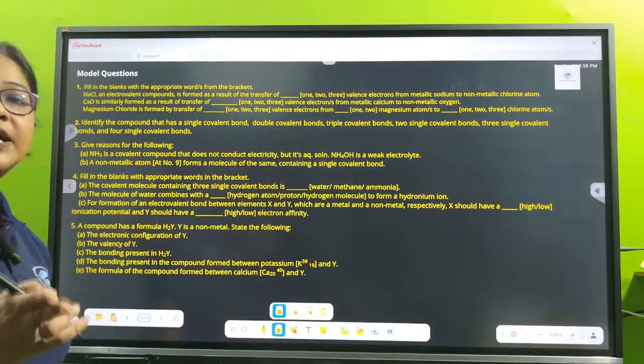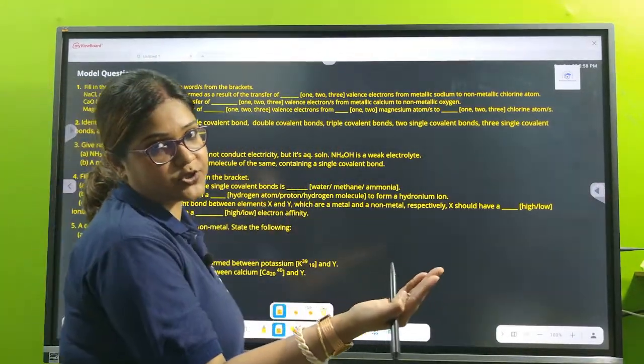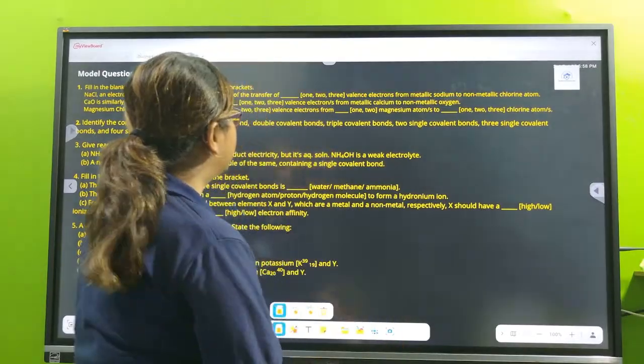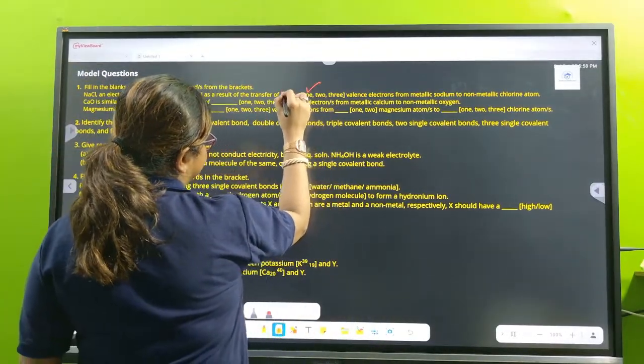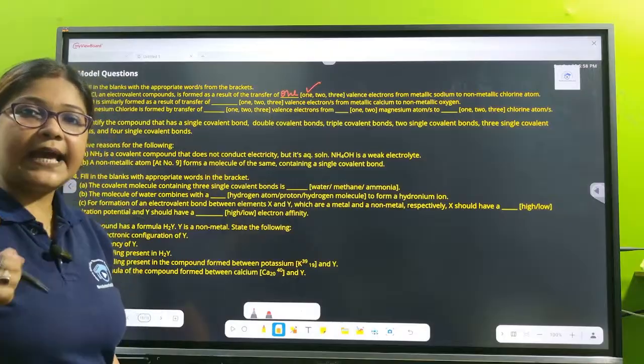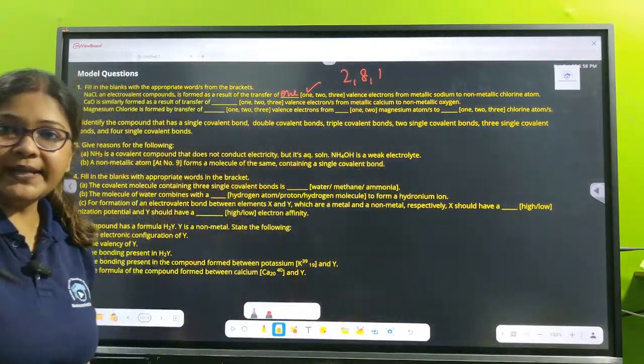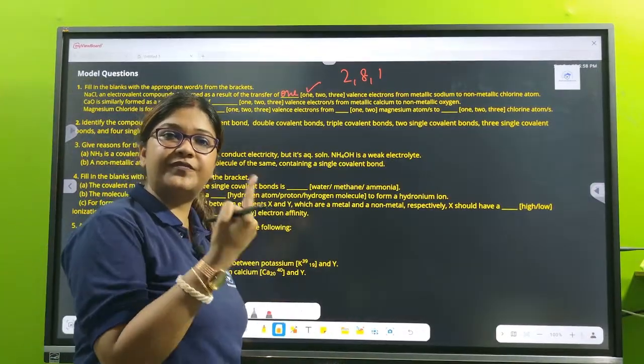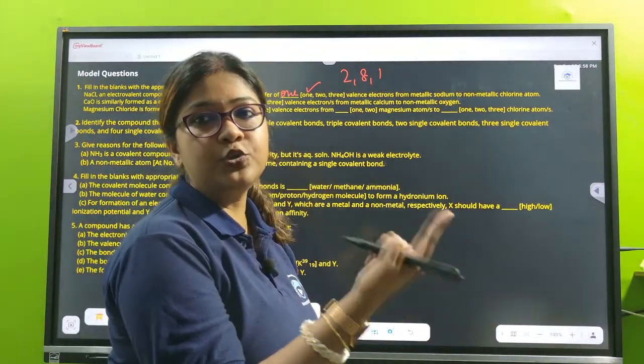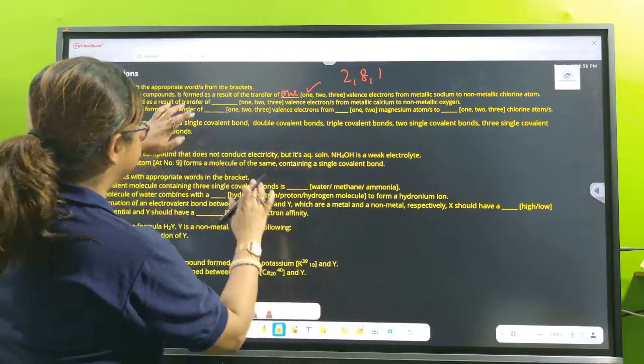It will be 1, because it has 2, 8, 1. 1 electron in its valence shell, so it will transfer 1 electron to the non-metallic chlorine atom.